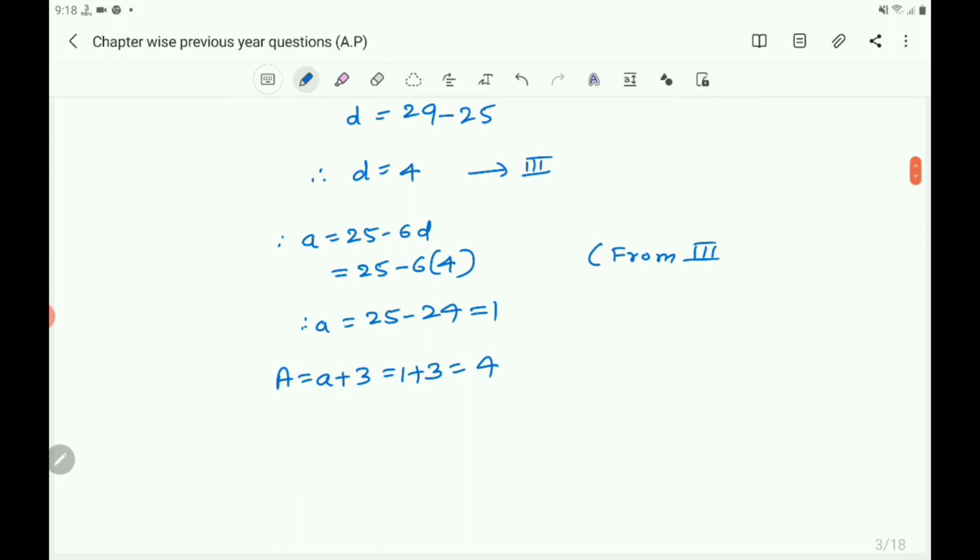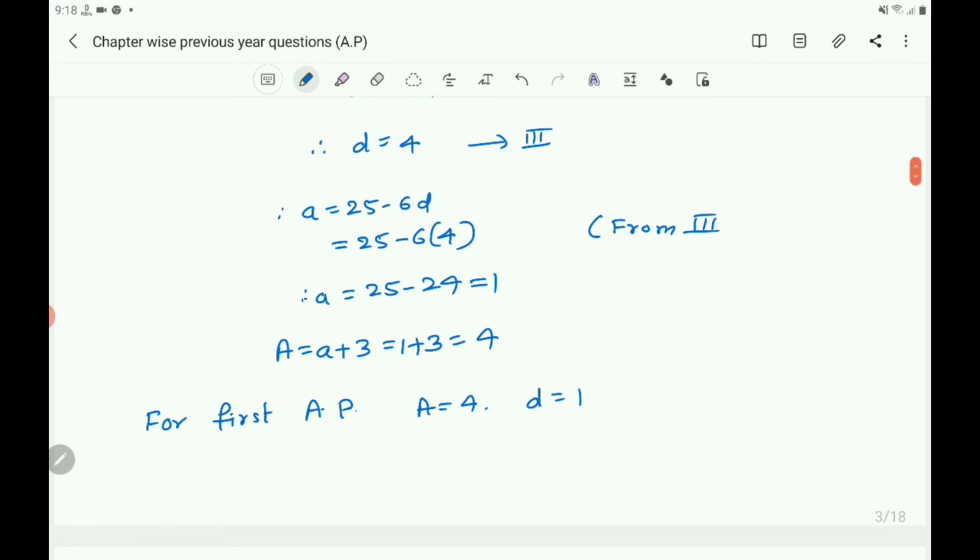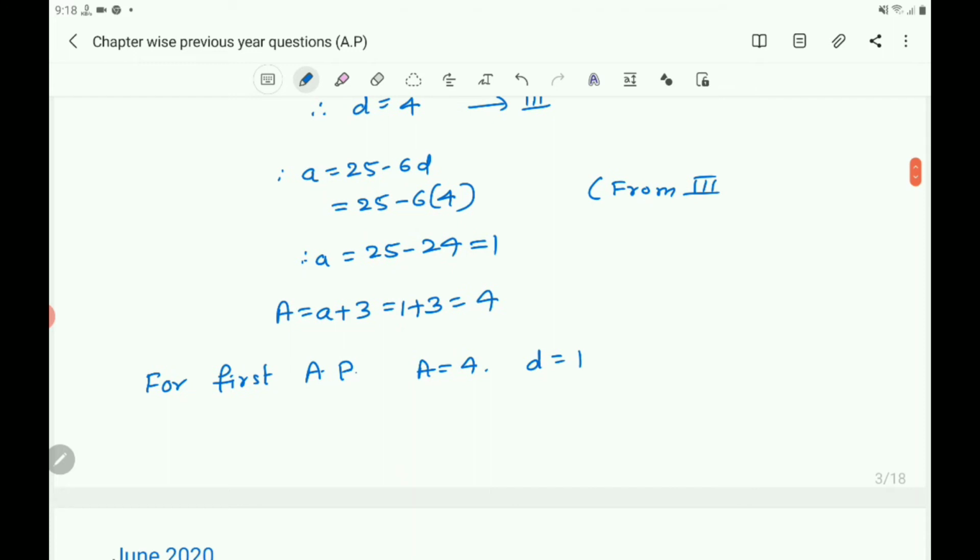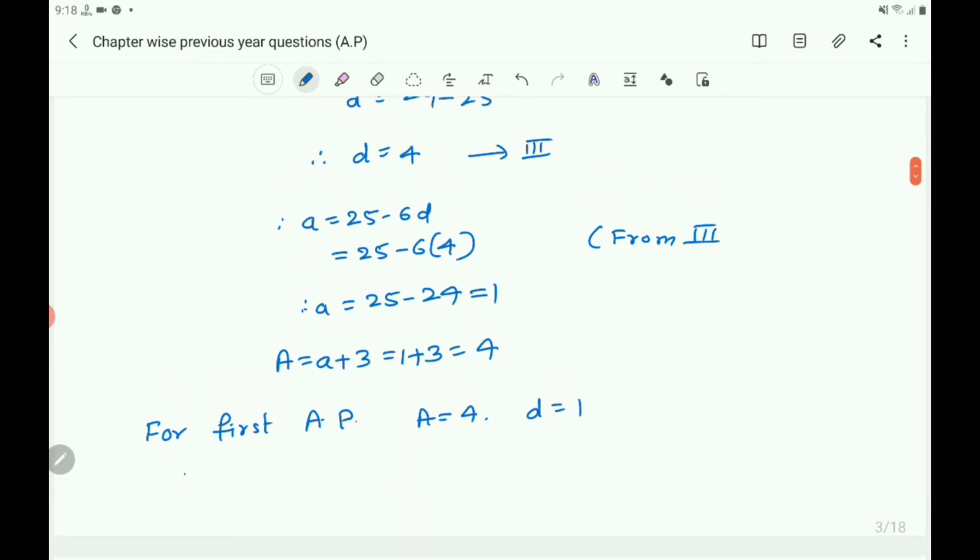Now take the first AP. For the first AP, the first term A is equal to 4 and d is equal to 1. Then find the AP. So you write a1 equals A, that equals 4.